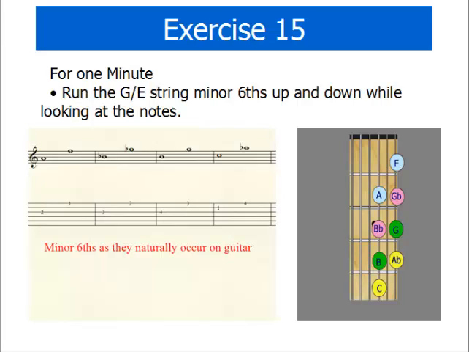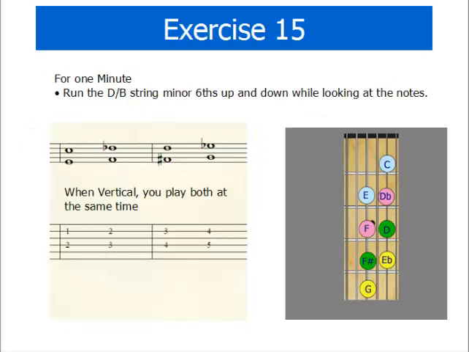Name the notes each time you play them, like this: A, F, B flat, G flat. You can look over to the color-coded notes, but look back at the black and white notes. Look at the ink and learn the names. Learn to identify what these intervals are.